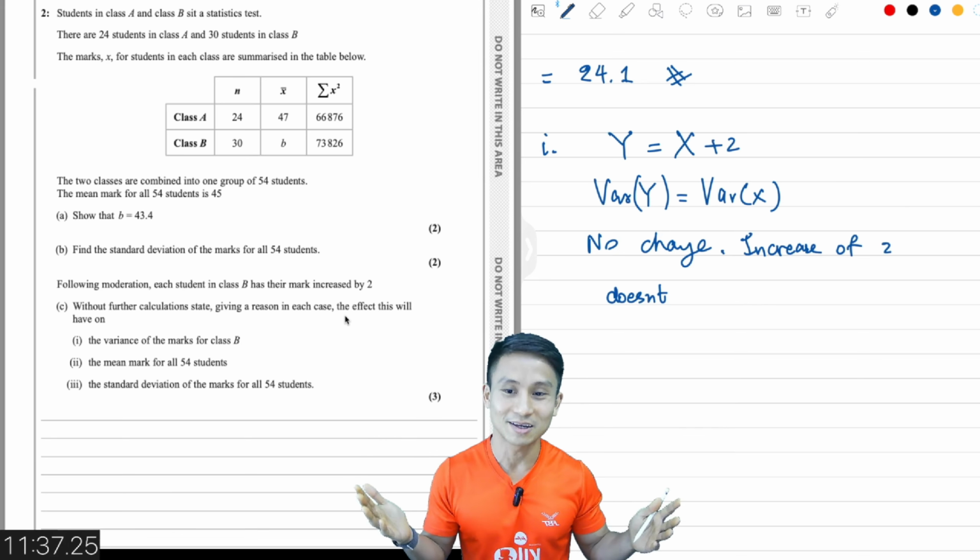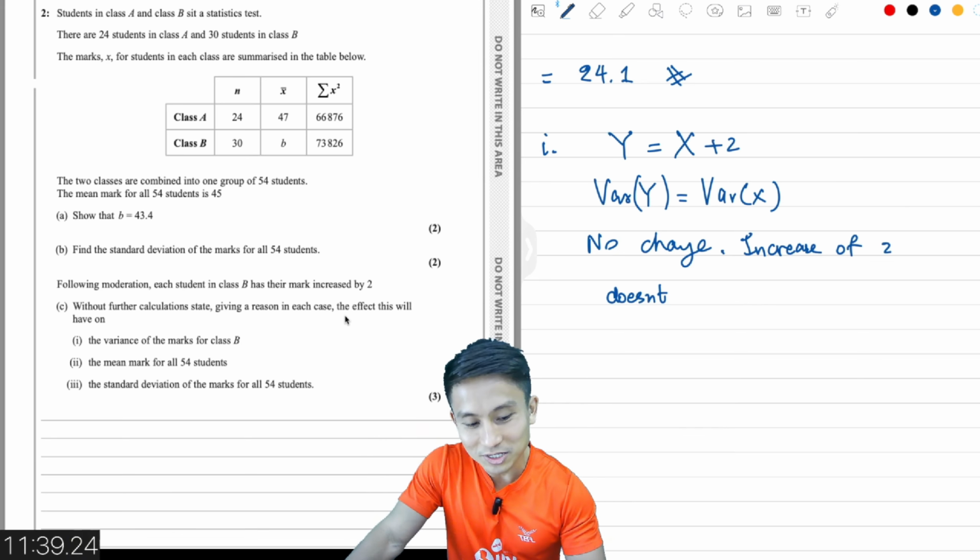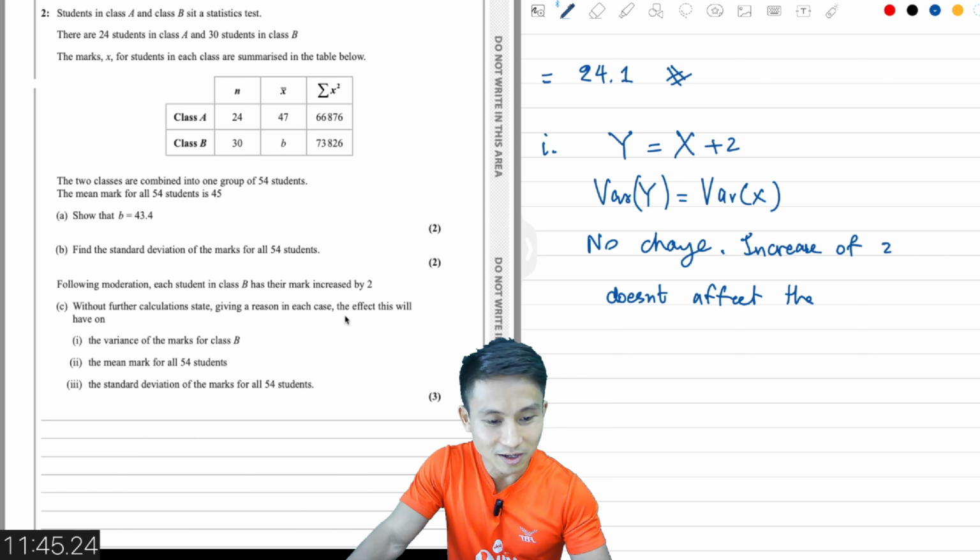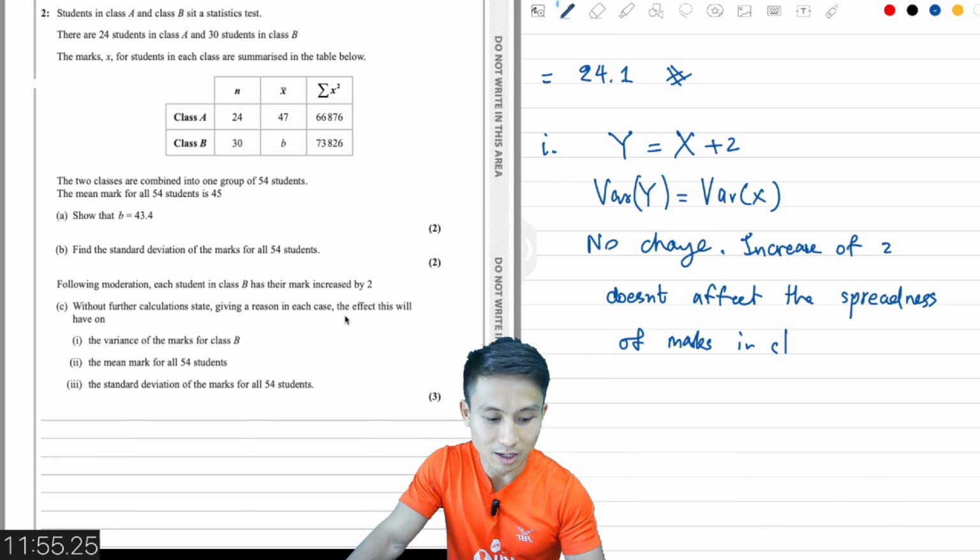So here we say the increase of 2 doesn't affect the spreadness of marks in class B. That's it.